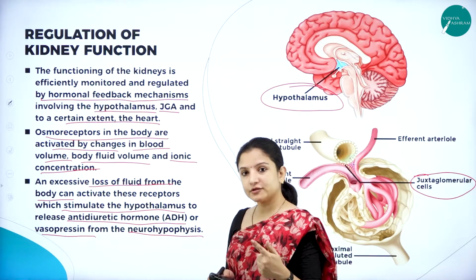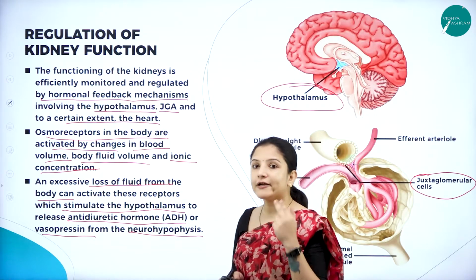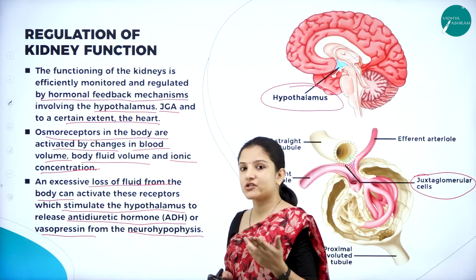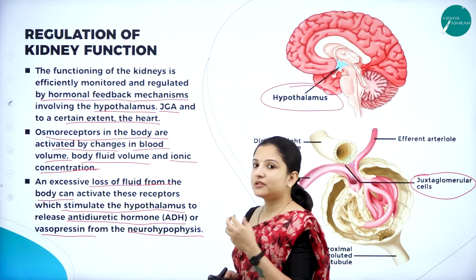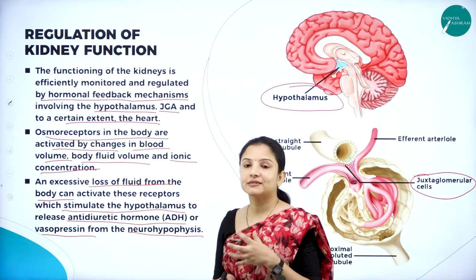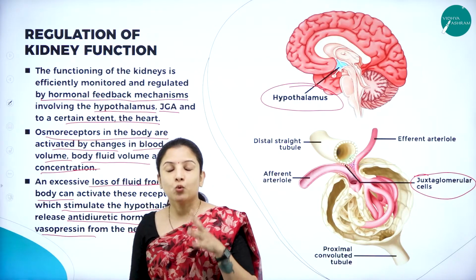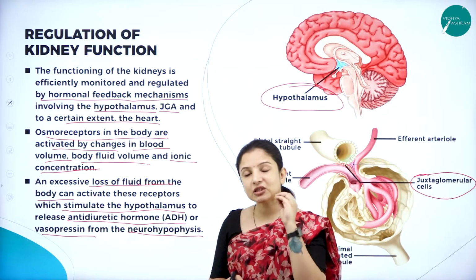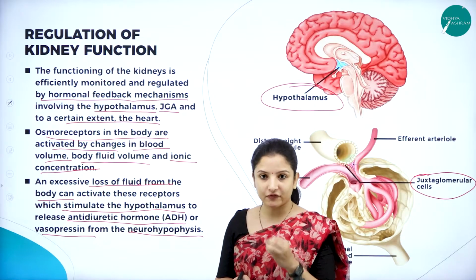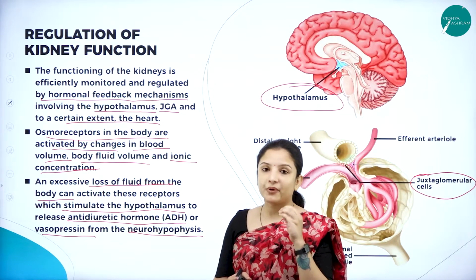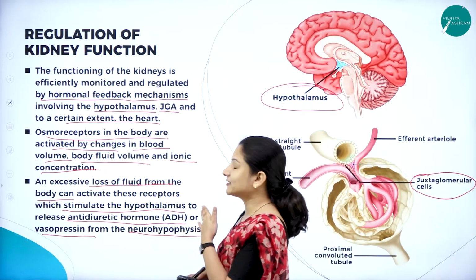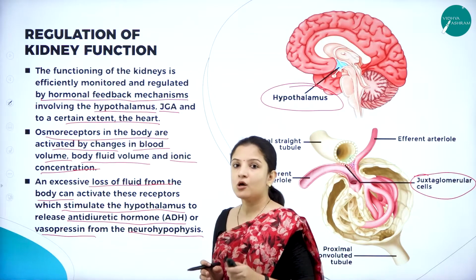When the blood volume changes and the ionic concentration also changes, at that time what happens? The osmoreceptors present in the hypothalamus region of the brain get activated. When they get activated, they stimulate the hypothalamus part of the brain to secrete a particular hormone called the antidiuretic hormone or the vasopressin.